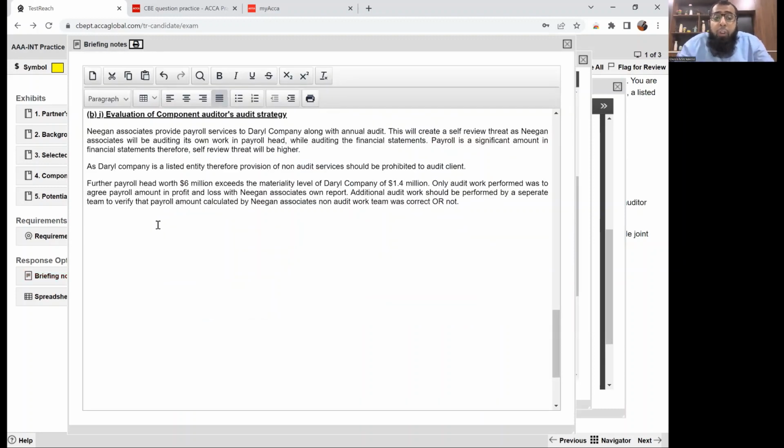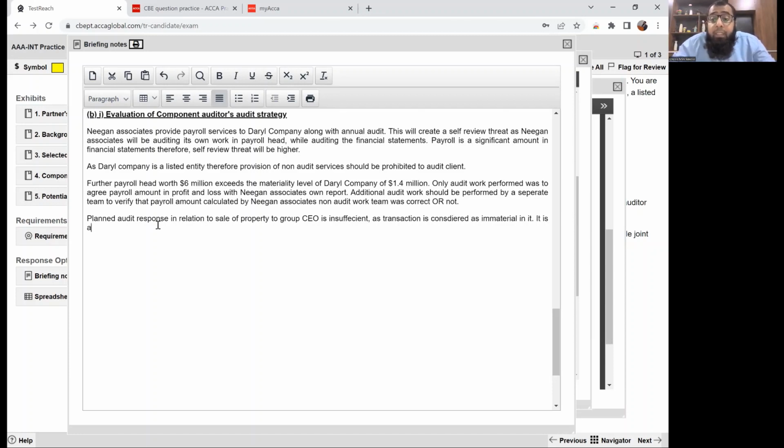Now, planned audit response in relation to sale of property to group CEO is insufficient as the transaction is considered immaterial.